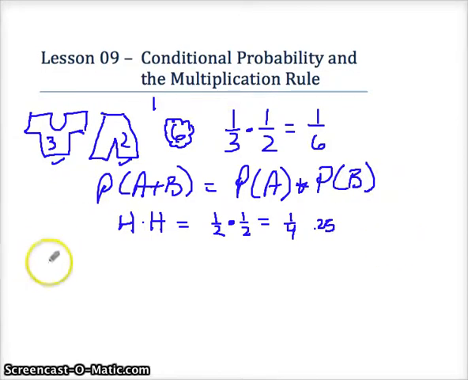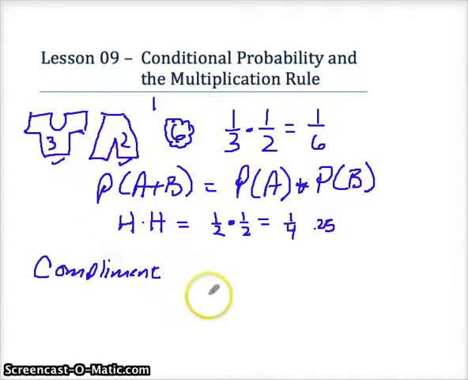The next thing we need to talk about is the complement. The complement of a probability is 1 minus it. The weatherman says there's a 30% chance of rain, but you ask, what's the percent chance of not rain? That would be 70%, or 1 minus 30%.